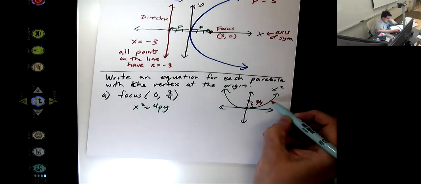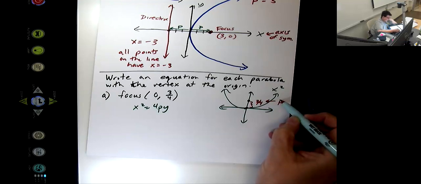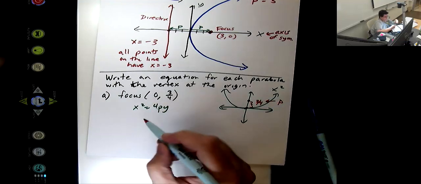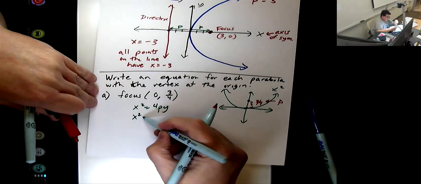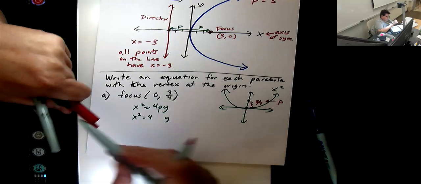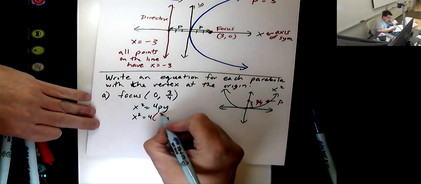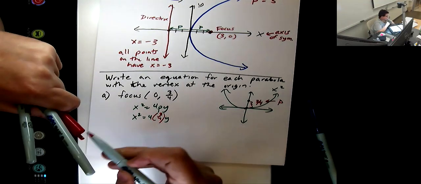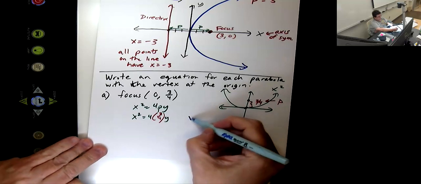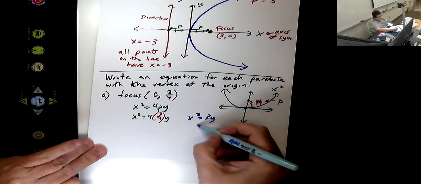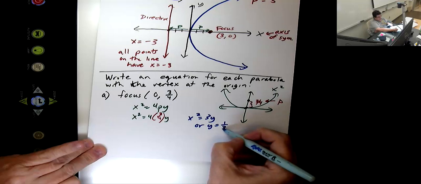That's got to be our distance p. So x squared equals 4 times 3/4 times y. And so I end up with x squared equals 3y, or y equals 1/3 x squared.